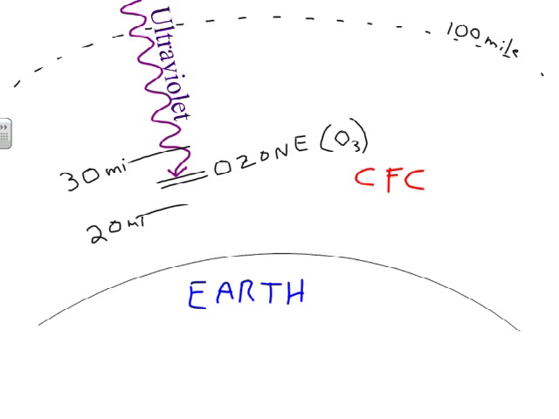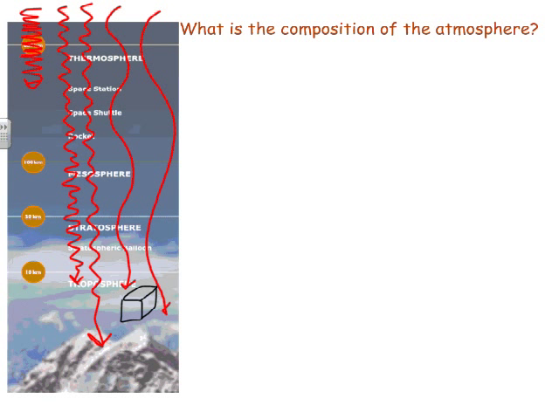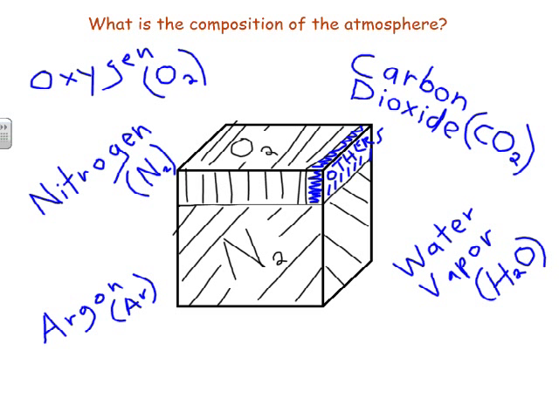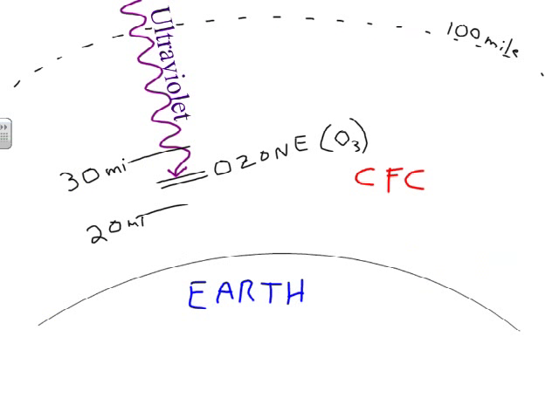The CFCs are now banned in pretty much every product. You won't find CFCs. It's been banned for decades. But the damage was done, and now our ozone layer is slowly getting better. So the composition of our atmosphere is not just nitrogen and oxygen, but these other gases are important. Some of them do some very important things for us, such as the ozone blocking ultraviolet radiation from hitting the Earth.